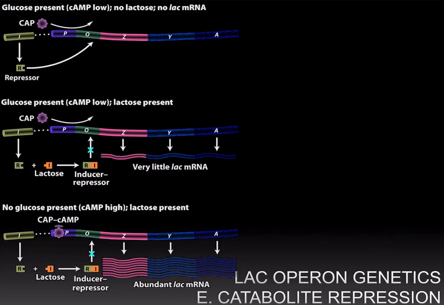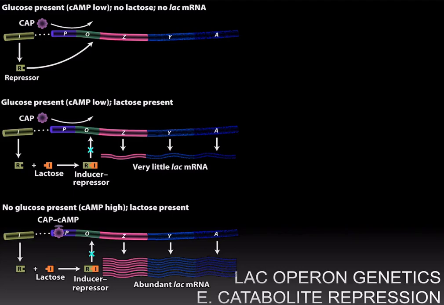If we don't have lactose, then the repressor encoded by LAC-I will bind the operator and prevent transcription. Also, since there is glucose, the glucose will prevent the conversion of ATP into cyclic AMP, and therefore CAP will not be in complex with cyclic AMP and will not bind its binding site.